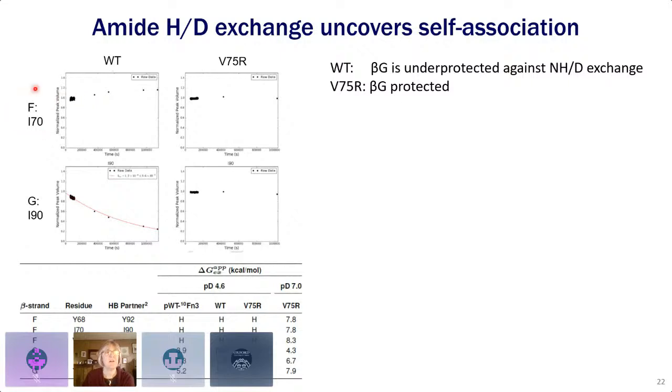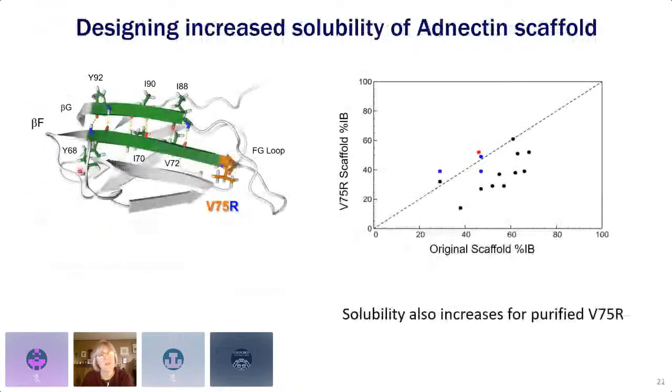So if we look here at isoleucine 70 in the F strand, and here, this is in the G strand, its hydrogen bonding partner. I'm just going to go back for a second. So we're looking at these two. You'll note here that there's hydrogen bonding between isoleucine 70 and isoleucine 90. So you would think they should be protected together, right?